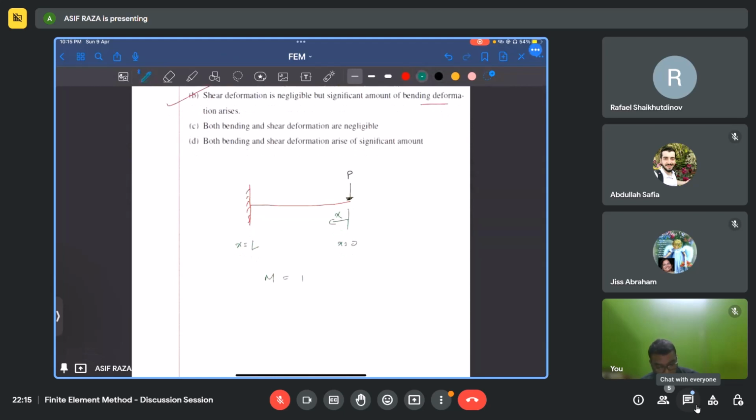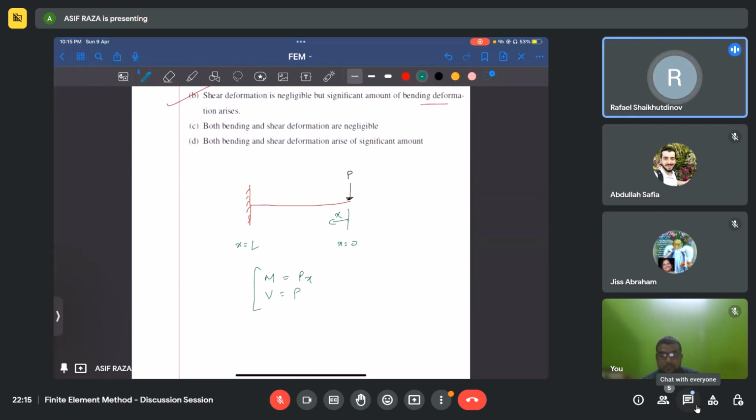Bending moment as Px, while shear force we write as P. Yes, it is correct, I'm okay with that. But if we have a P force, then we have a shear deformation. Is that correct?